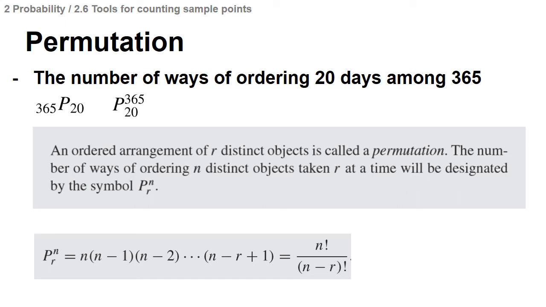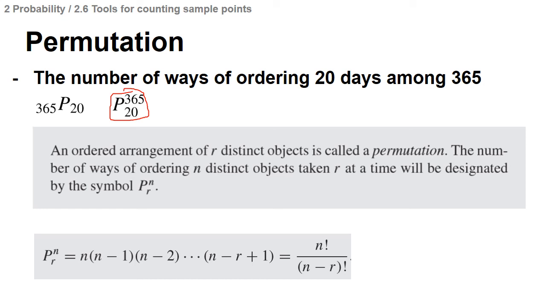Or in this book, it is described like this. Unordered arrangement of r distinct objects is called a permutation. The number of ways of ordering n distinct objects taken r at a time will be denoted by the symbol like this.